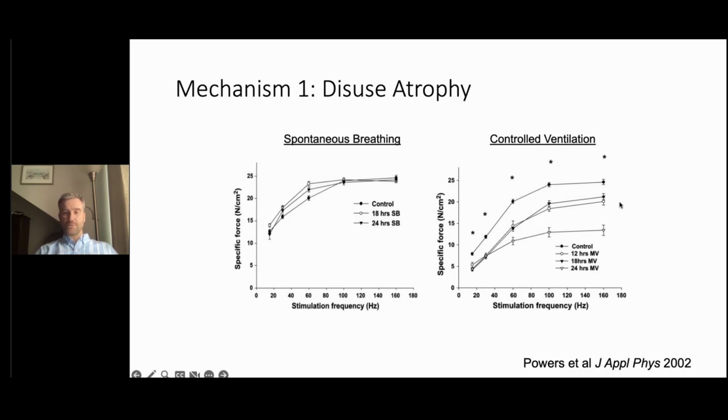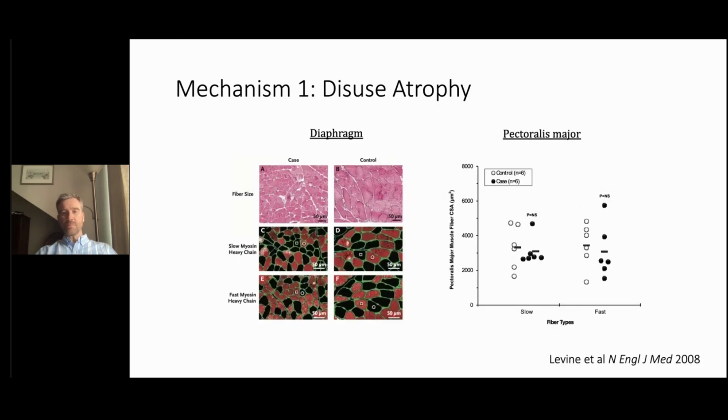And you can see here on the right that you achieve supramaximality, but at supramaximal levels of stimulation, the diaphragm force generating capacity progressively decreases over time from 12 to 18 to 24 hours. And so this suggests that ventilation itself is associated with a direct injury and impairment of diaphragm function.